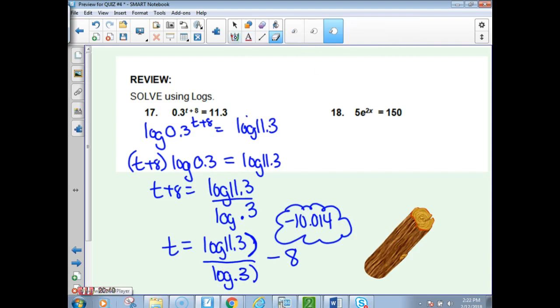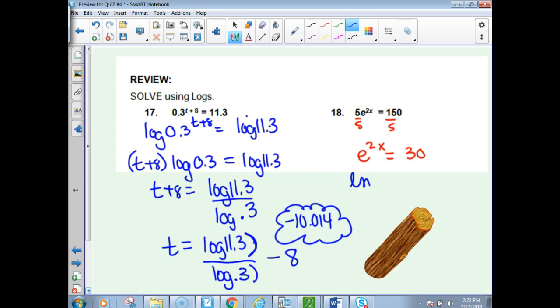Okay, we answered that question, and then we have this one. We're going to divide by 5 first. You have to divide by 5. So e to the 2x is equal to 30. And now, what? Take the natural log of both sides.